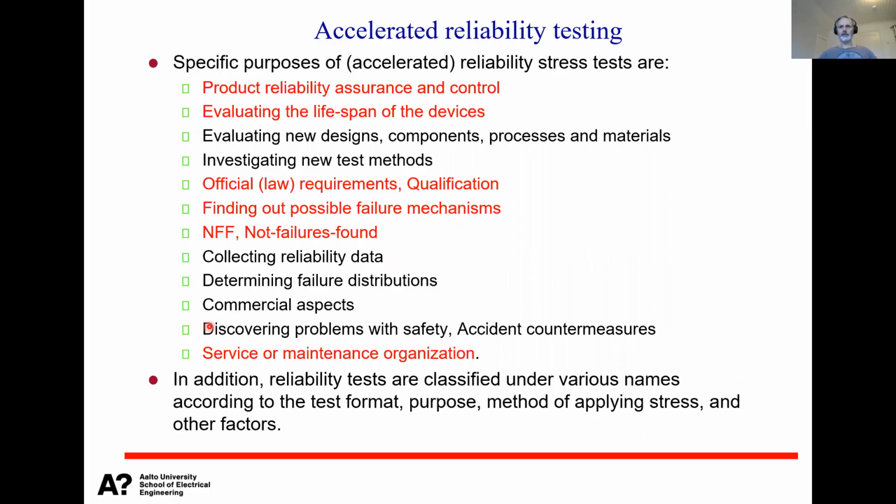So there are several different purposes. When we still had contact teaching, we did a lecture exercise about brainstorming these different kinds of purposes, and there I had an example: you have a greenhouse, and then you have a lighting system there. So you need certain types of lights in your greenhouse, but you also need to put water on your plants. So one testing purpose for this kind of lamp would be: if somebody accidentally sprays water on the lamp, what happens?